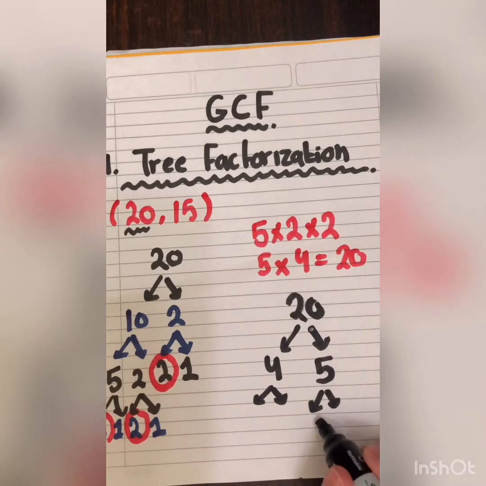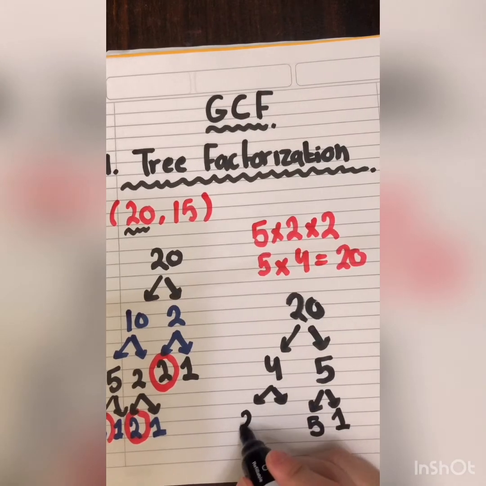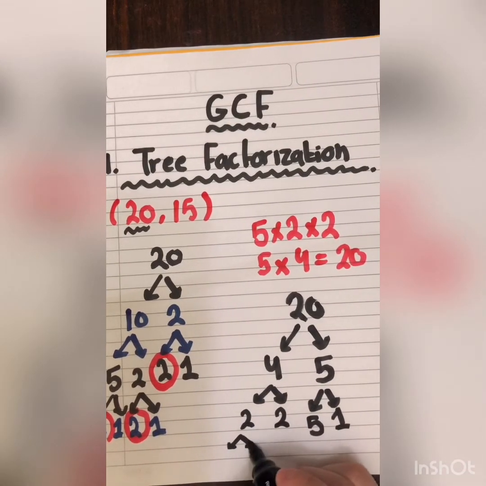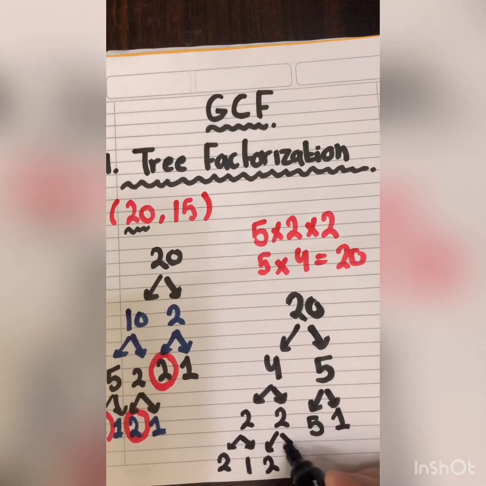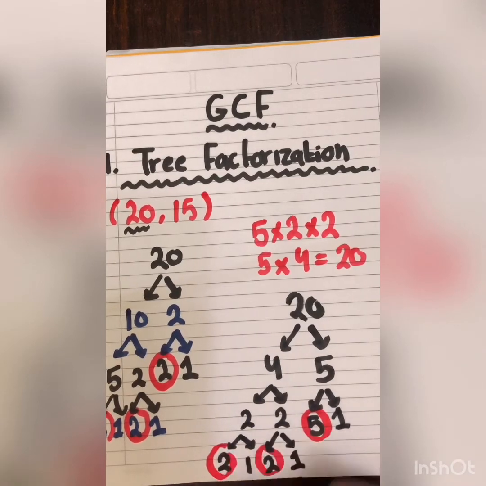The 5 is a result of multiplying 5 by 1, and the 4 is a result of multiplying 2 by 2. Now 2 is 2 by 1 and 2 is 2 by 1. Now circle the numbers with ones. 5, 2, 2. So I got the same answer.